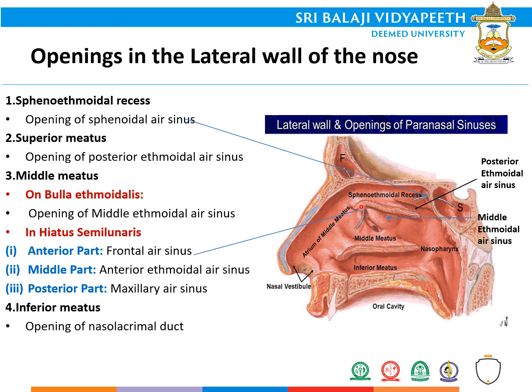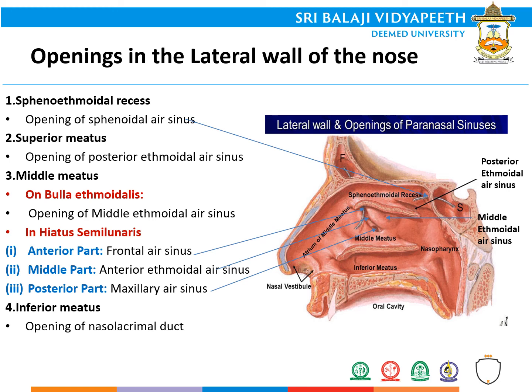So you can also say that the frontal air sinus is present in the infundibulum of the hiatus semilunaris. And then in the middle part lies the opening of the anterior ethmoidal air sinus, and in the posterior part of the hiatus semilunaris lies the opening of the maxillary air sinus.